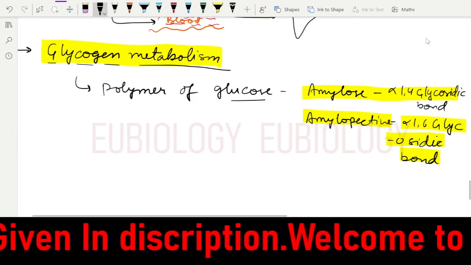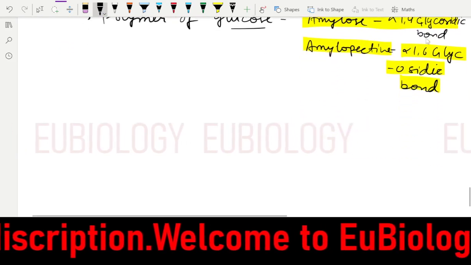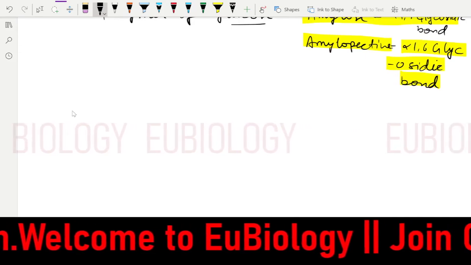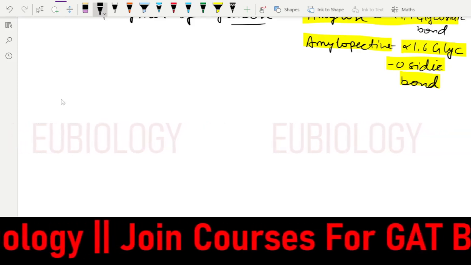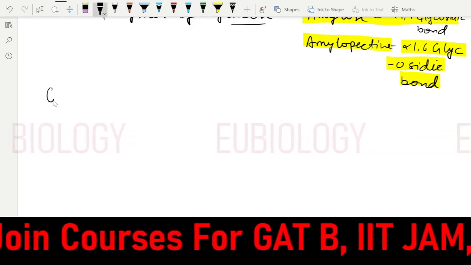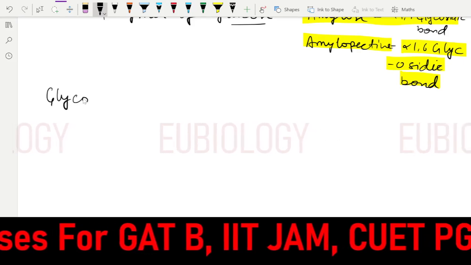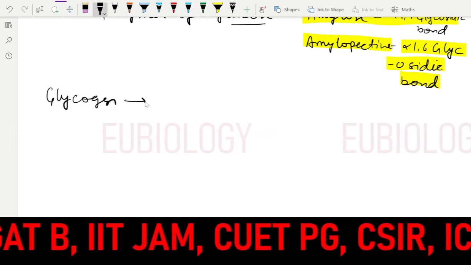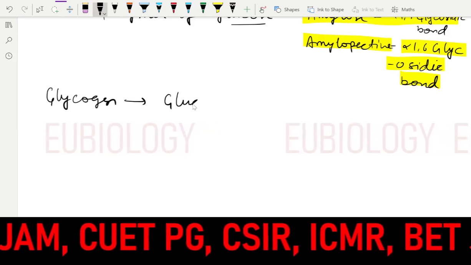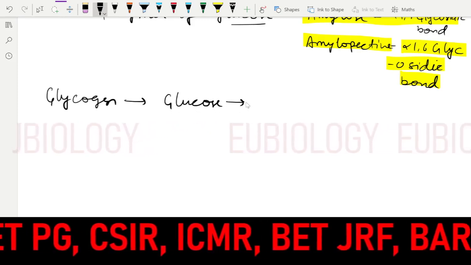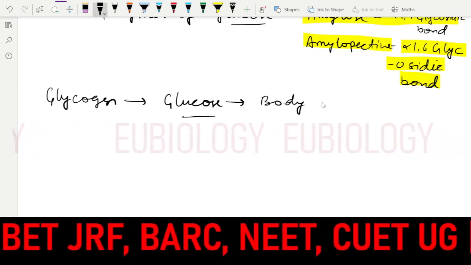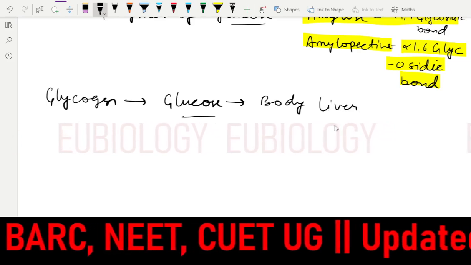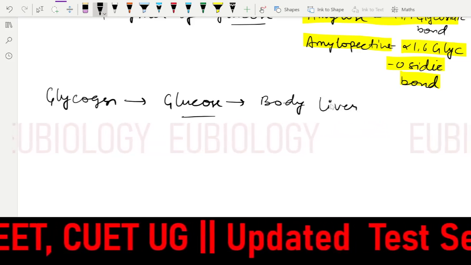Now, all these things usually occur in the liver. Glycogen will be utilized for glucose, and it will be supplied to the body only by the liver. But muscles can also metabolize glycogen.